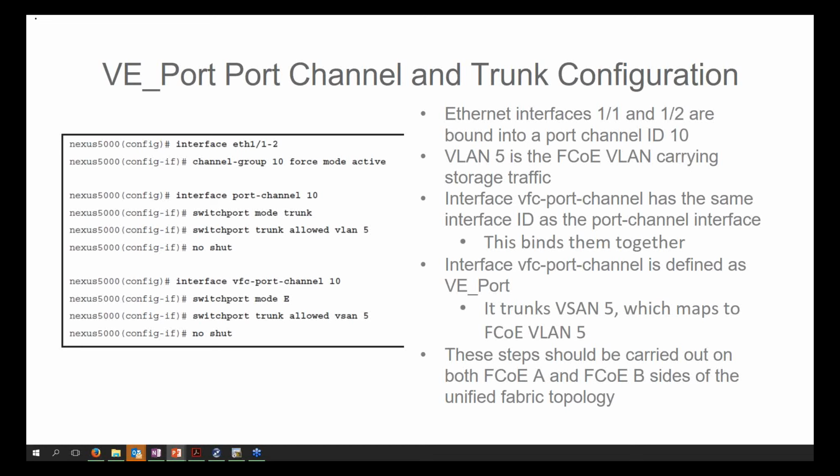That maps directly to VSAN 5. Then we're going to create the virtual fibre channel port channel, give it ID of 10, and make it switchport mode E. We want to be able to eventually do multiple VSANs over it at some point, so we're going to make it a trunk, but we're only going to allow VSAN 5, which maps it directly to VLAN 5, which is the FCoE VLAN.